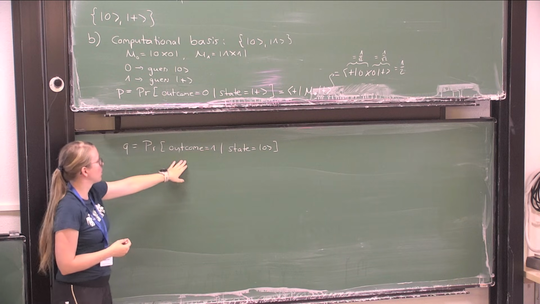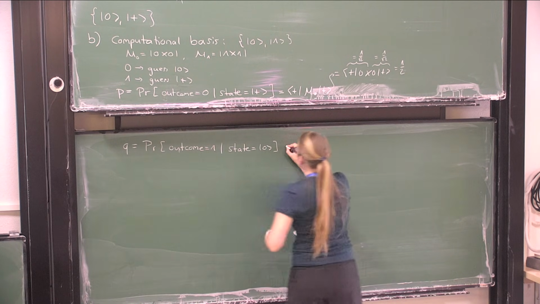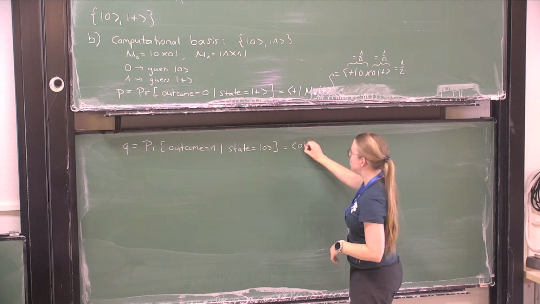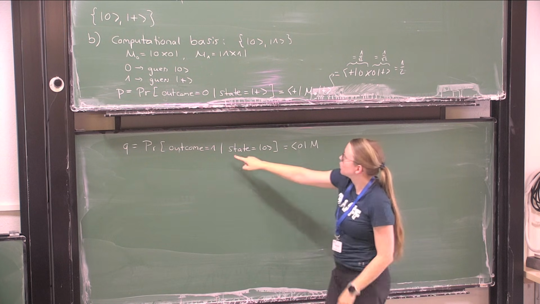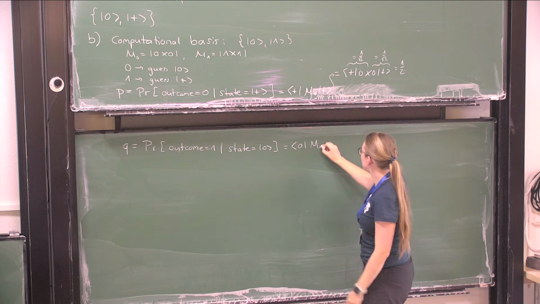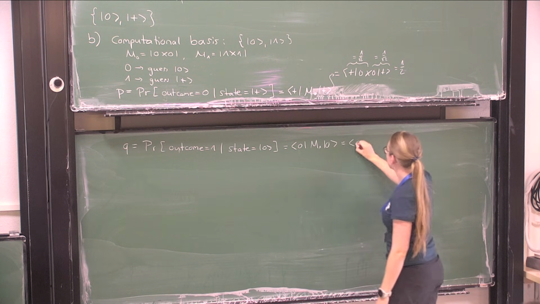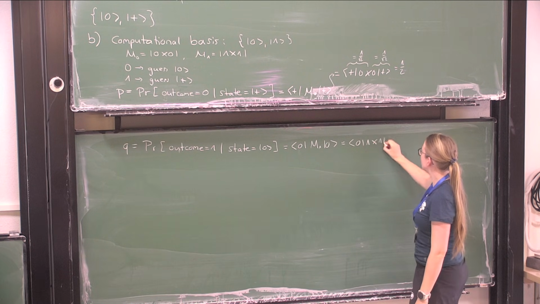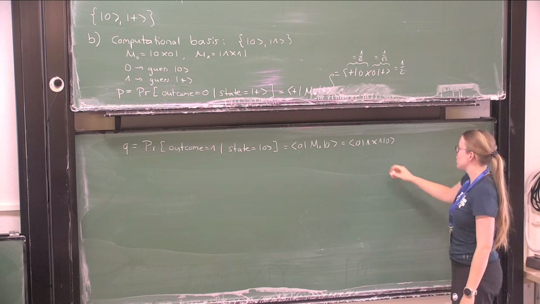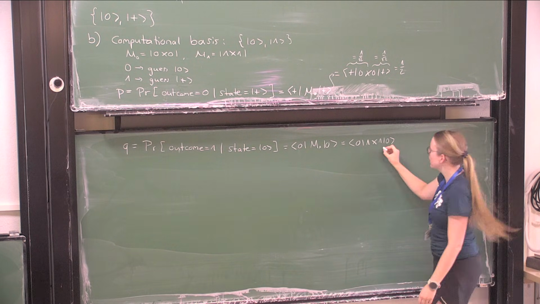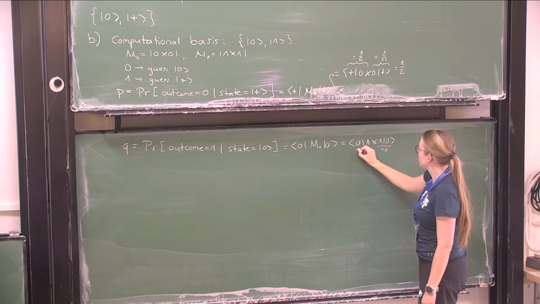And then for this one, you do the same calculation. So the state is 0, but the measurement operator corresponds to outcome 1. Now 0 and 1 are orthogonal quantum states, so this is 0.